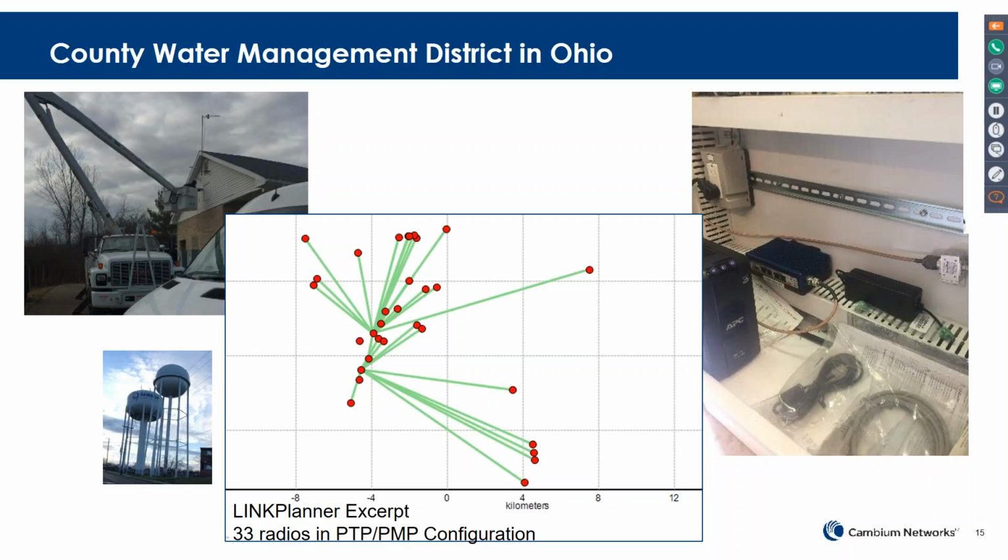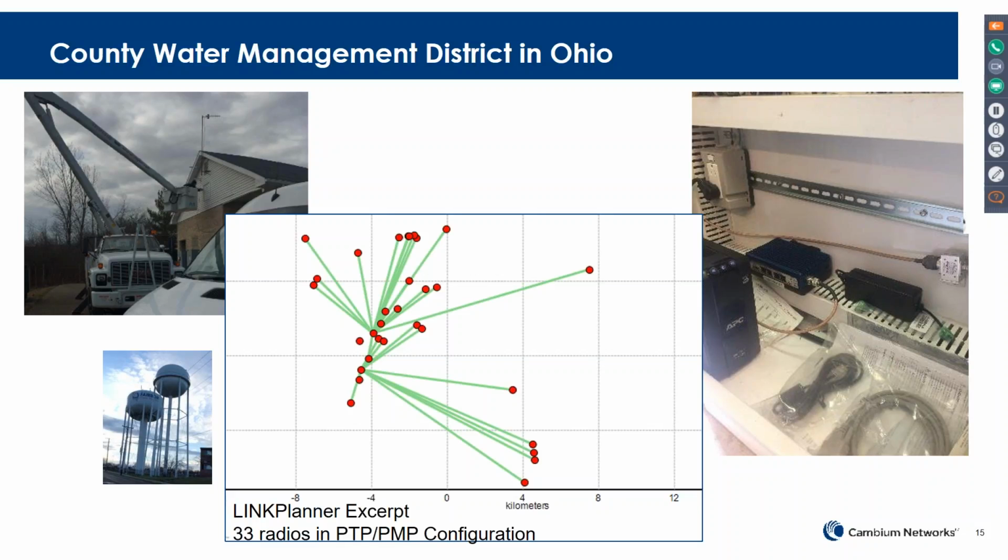They were already deploying a wireless network for their SCADA control system, using 900 megahertz unlicensed frequency. The problem is that the operating location is very close to an Air Force Base, so they constantly have interference.